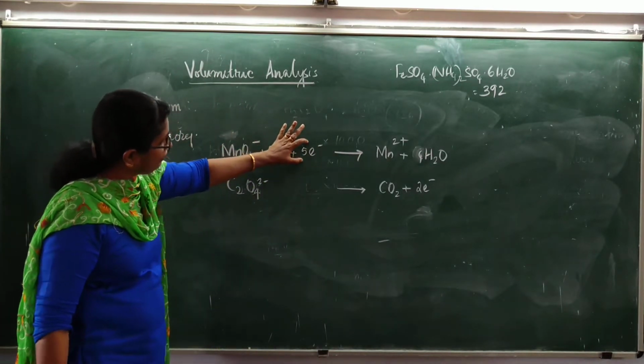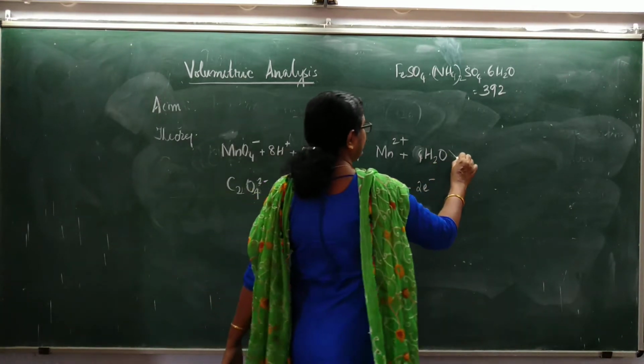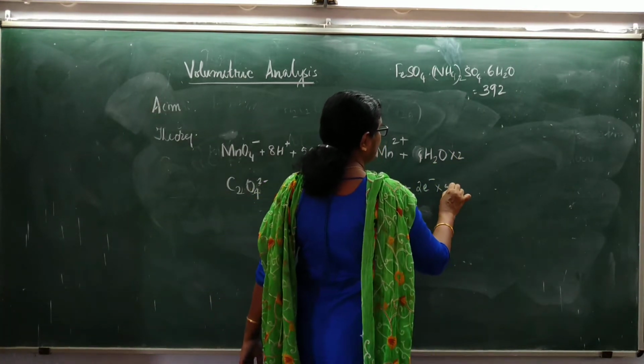Now here there are 5 electrons, there are 2 electrons. To make them equal, you will have to multiply the first equation by 2 and the second equation by 5.